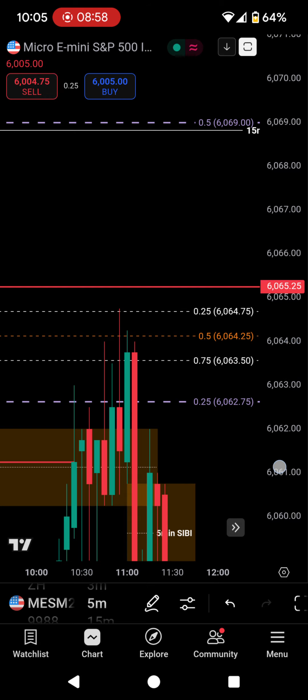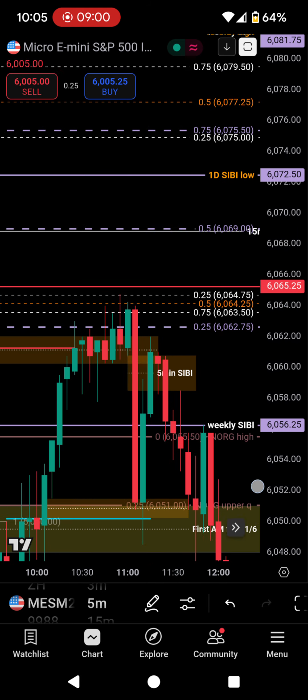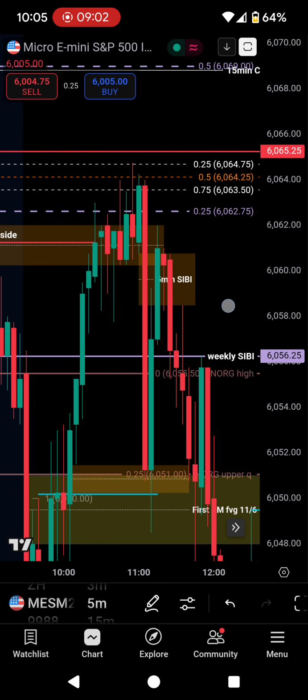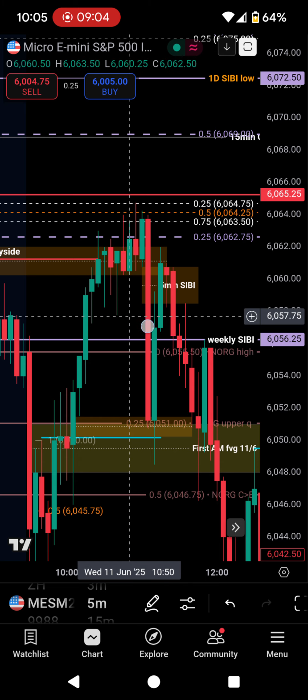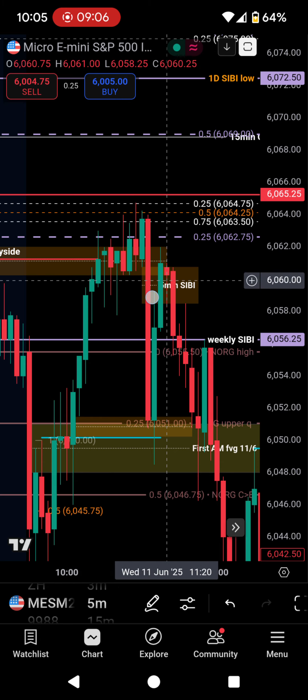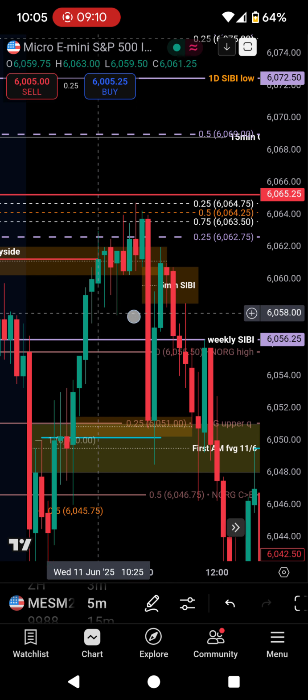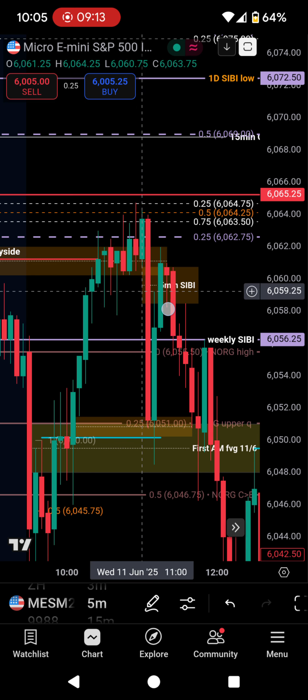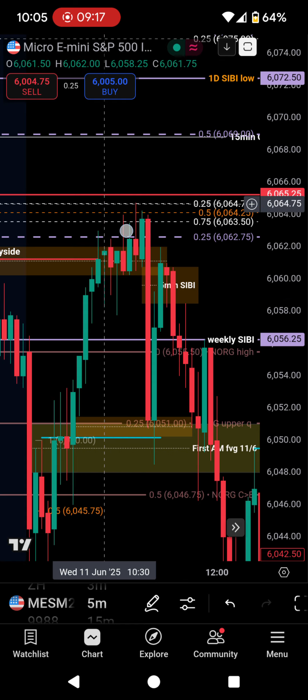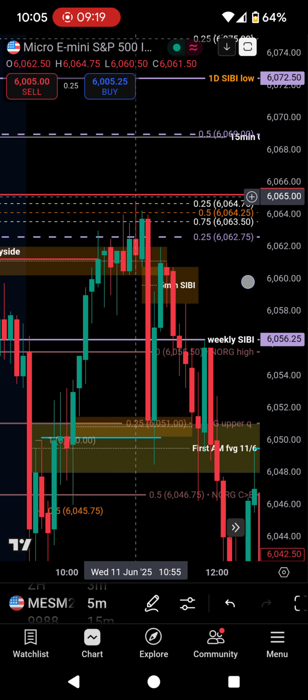So I'm just closing it. Then wait for displacement. On the 5-minute we got a displacement here, a displacement fair value gap, at 11 something, when we were having the reaction in the CE wick here.